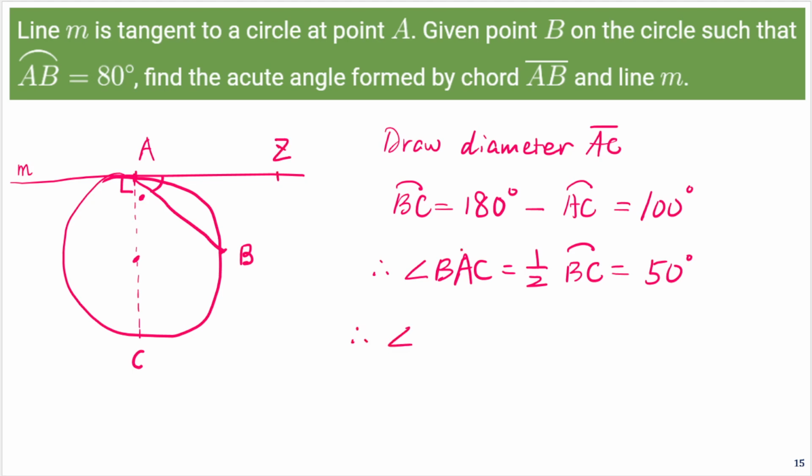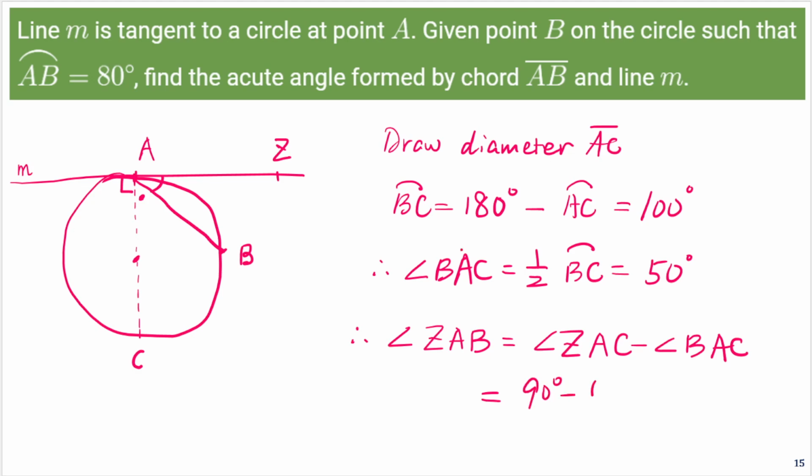Then of course you know angle ZAB equals angle ZAC minus angle BAC, which equals 90 degrees minus 50 degrees, and that leaves us 40 degrees, right? Did you get it?